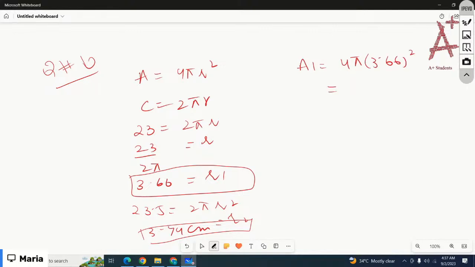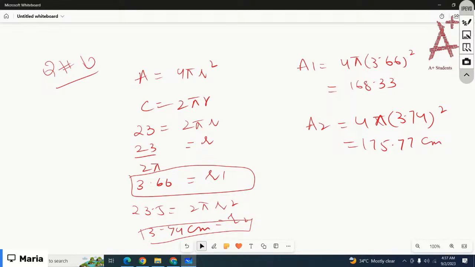It would be 168.33, right? Let's just calculate area 2. That would be 4 pi times 3.74 square. So it is 175.77, right? So that means the area is between these two values, 168.33 and 175.77, right?